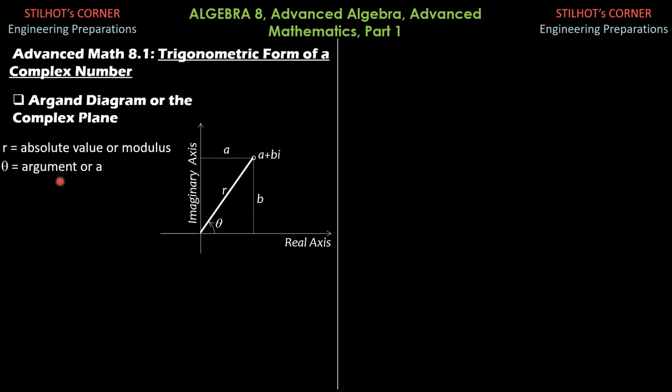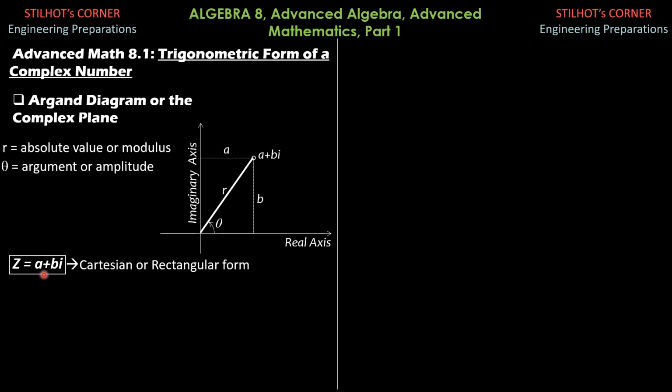Theta is called argument or amplitude, and the complex number z equals a plus bi is the Cartesian or rectangular form of a complex number. And a is the real part, b is the imaginary part.